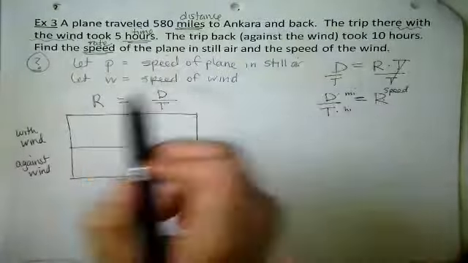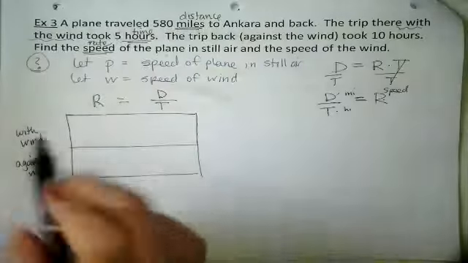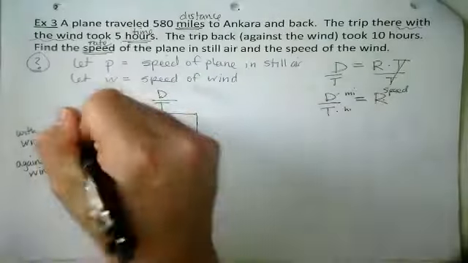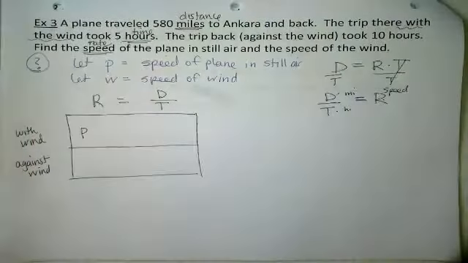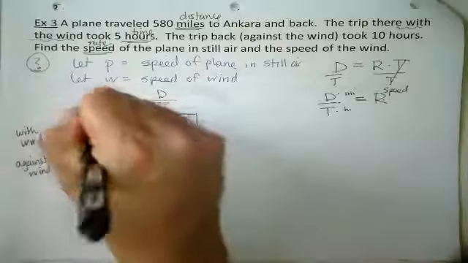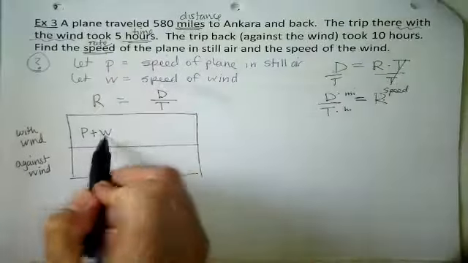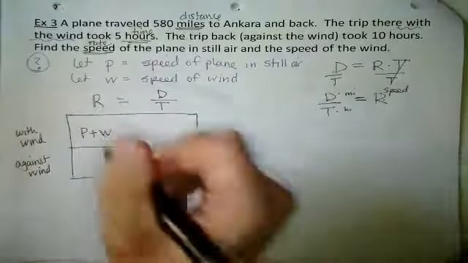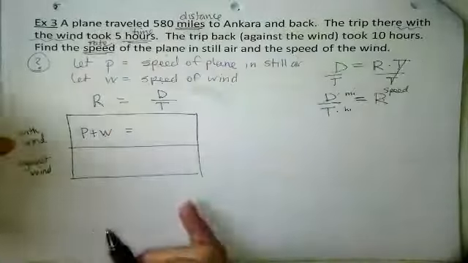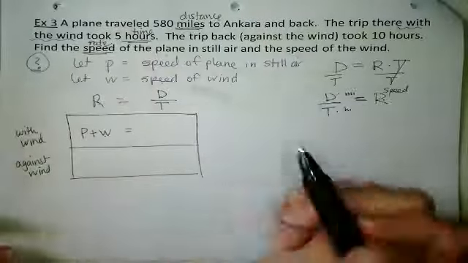So our rate, when we're traveling with the wind, our plane is going a certain speed, P, but because we're going with the wind it's giving us an extra little boost, whatever that speed of the wind was. And so overall, our rate is just a little bit faster.